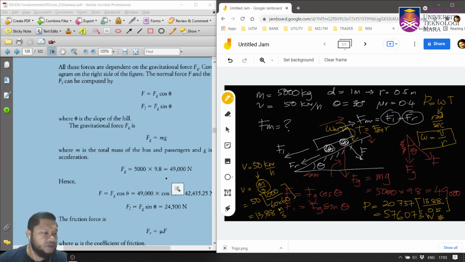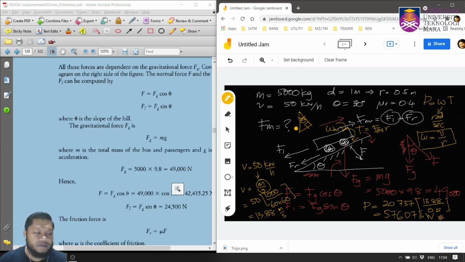So if you look further, F cos theta divided by Fg. So very much we have the angles here, actually the direction. You have that, then you have 90 degrees here. This is theta.